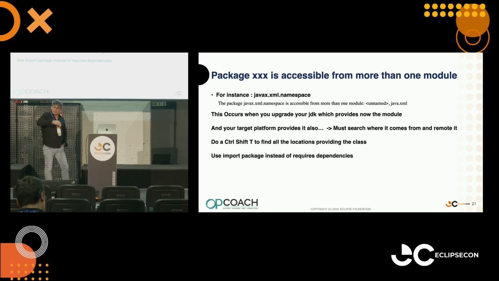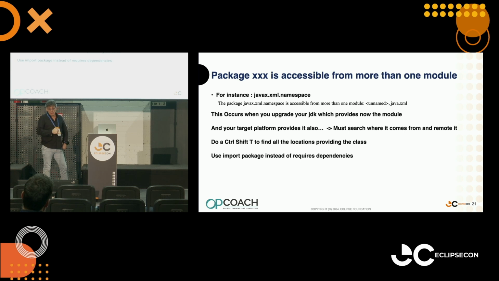So if you are coming from an older JDK, you didn't have this package, and you had in your target platform before to depend on a plugin that would provide these interfaces. But when you migrate and upgrade the JDK, you will have your dependency here, which has no module name. So this is why it's unnamed. It means that this is a plugin that has no module name. And you have the module that is coming from the JDK.